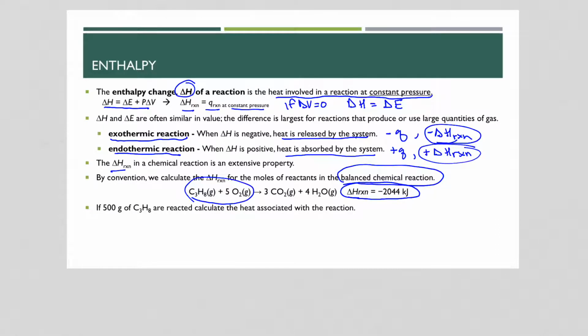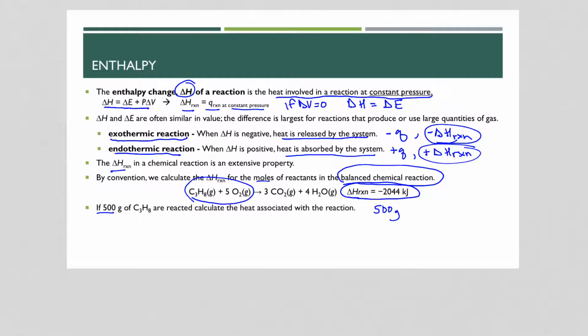So let's do an example of that. Let's say 500 grams of propane are reacted. Well, the first thing, of course, that we need to know is 500 grams in terms of moles, right? Because we're basing this on a balanced equation, which is based in moles. And so 500 grams.